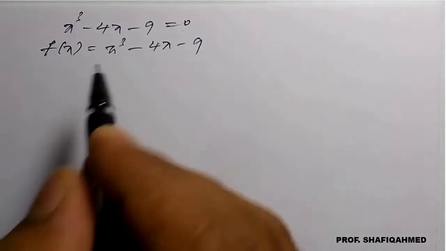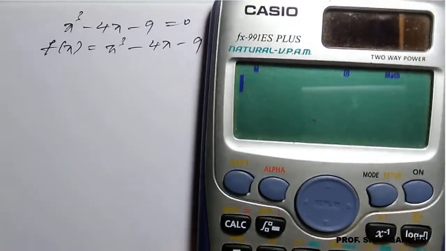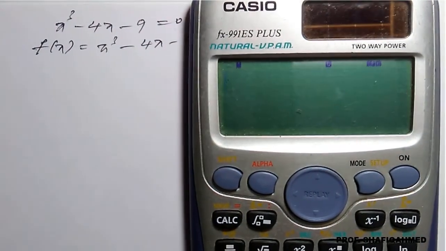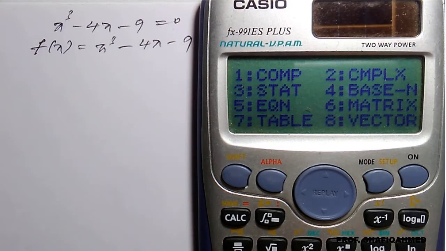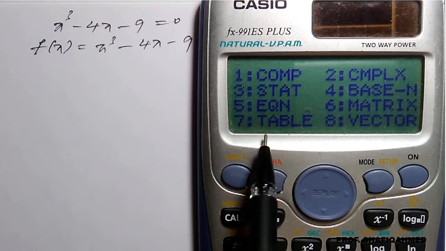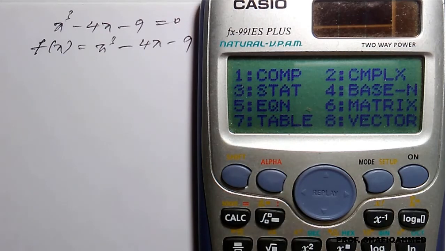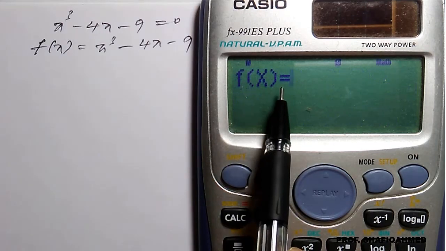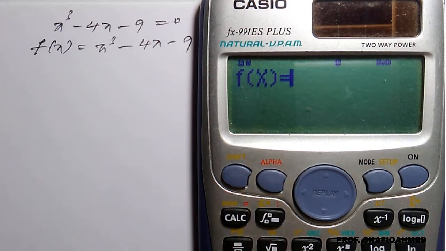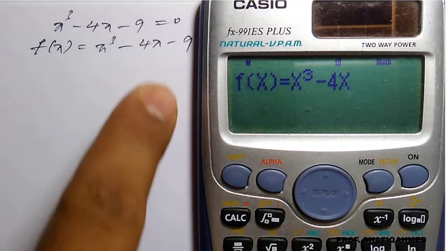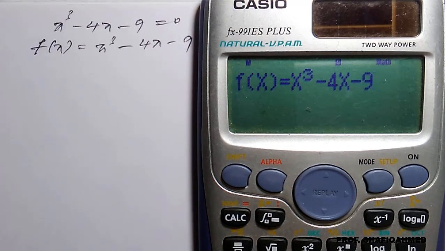I will make use of the calculator. Go to the mode option and select option number 7, that is table. Press 7 and you will find f of x equal to. Write the equation using alpha x, shift cube, then minus 4 into alpha x, minus 9, then press equal.